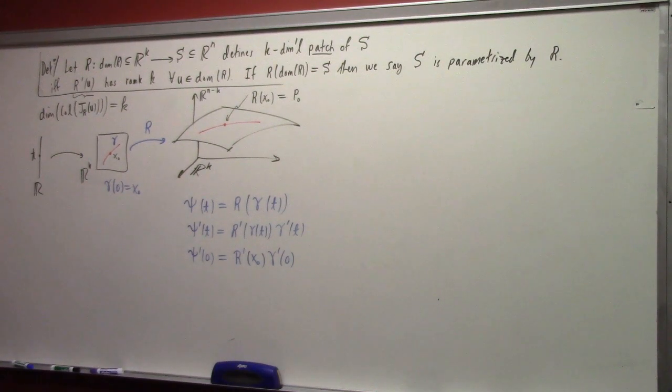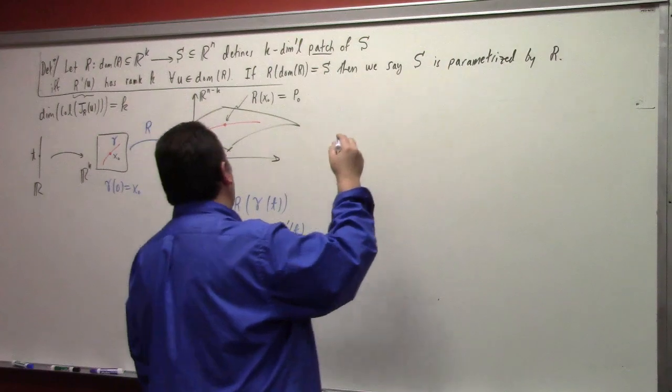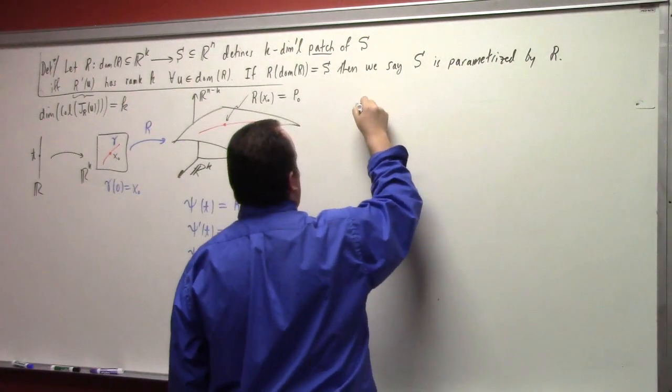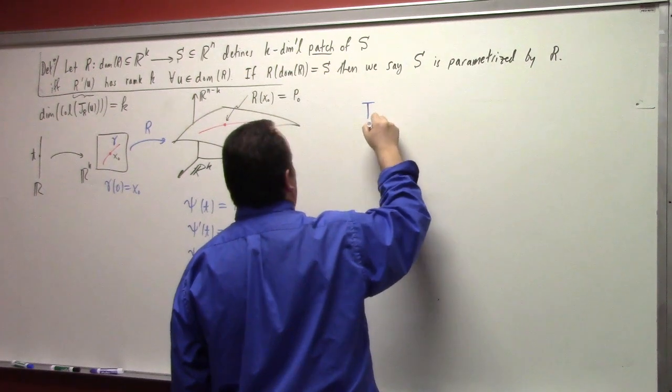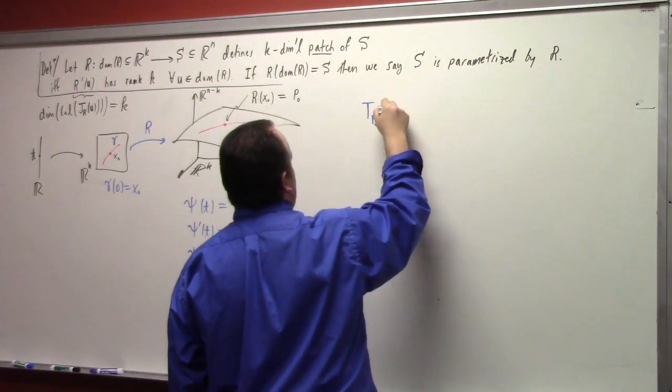So I guess we could define the tangent space at p naught to S to be what?